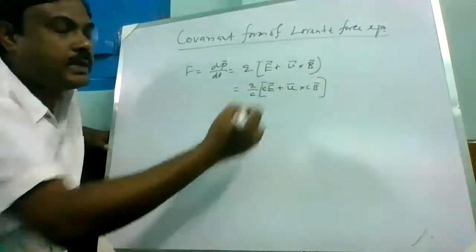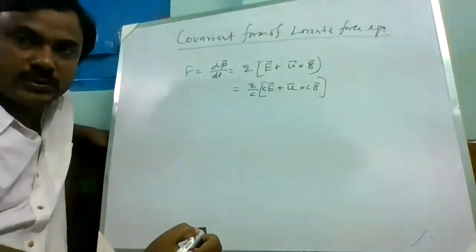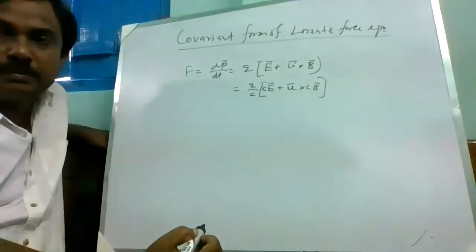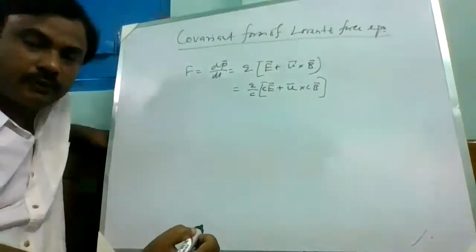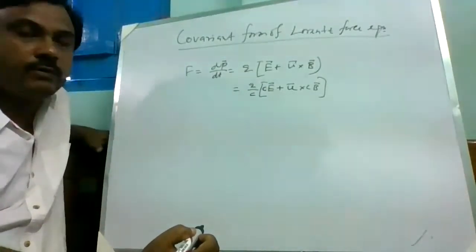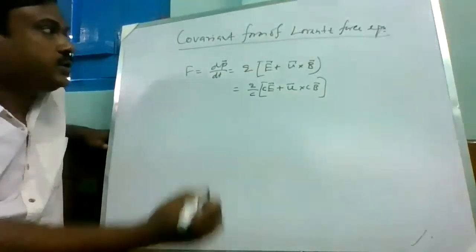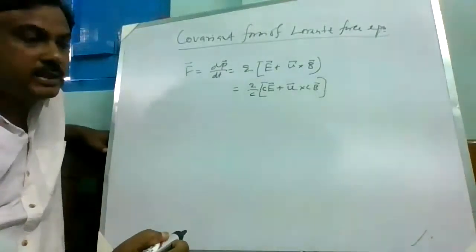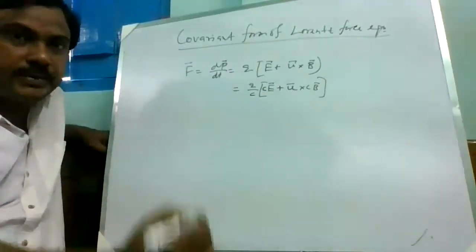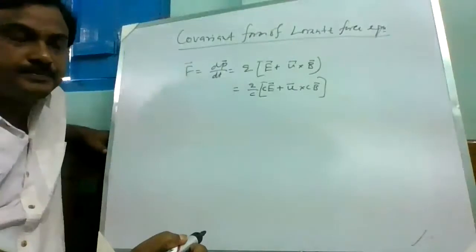So that we can write E and CB as components of the field density. So these are basically three equations. We can write it in component form, but we will come to that later.